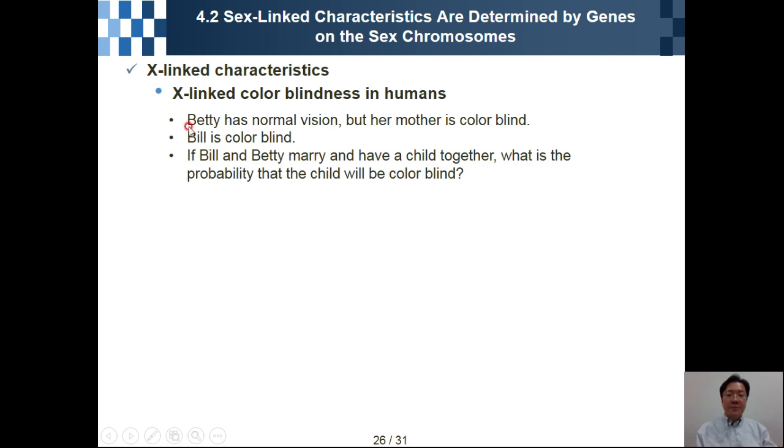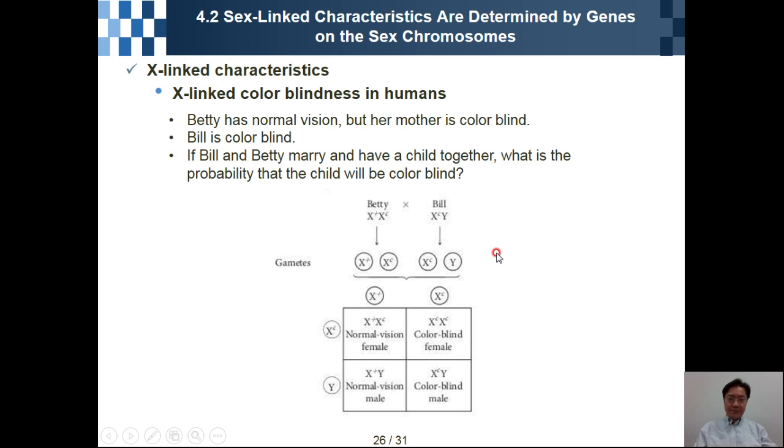Betty has normal vision, but her mother is colorblind, so Betty is a carrier. Her genotype is X plus X^C. Bill is colorblind, so his genotype is X^C Y.